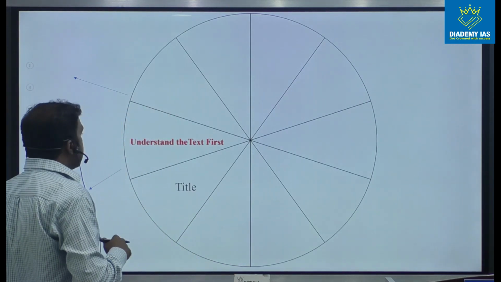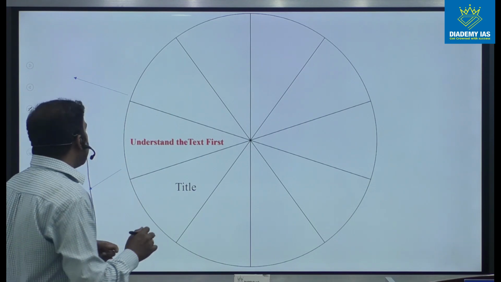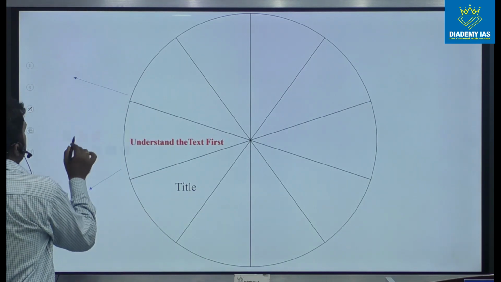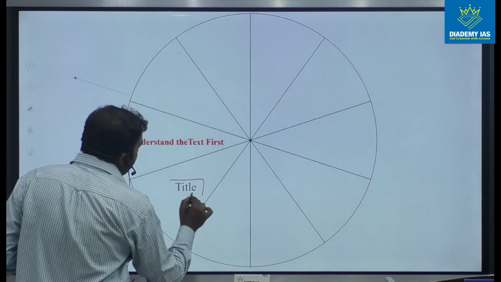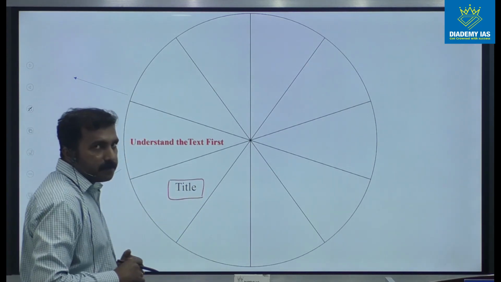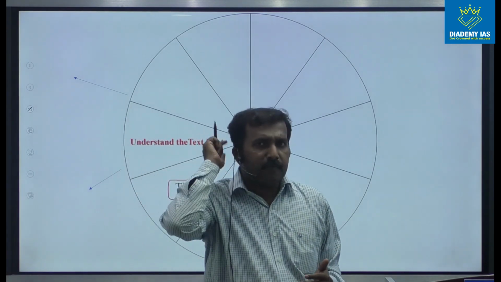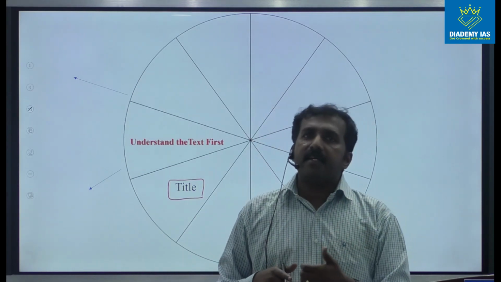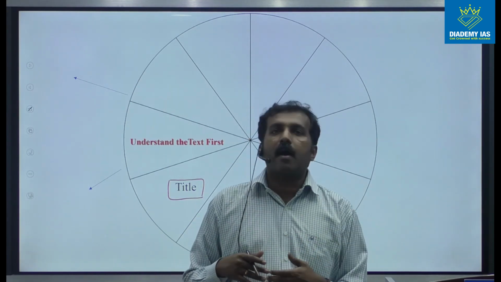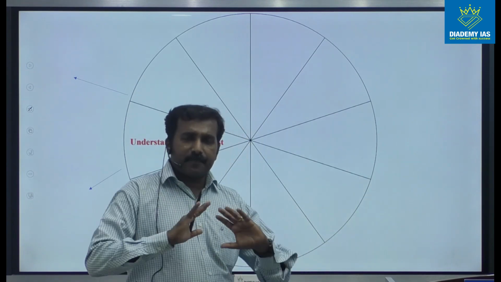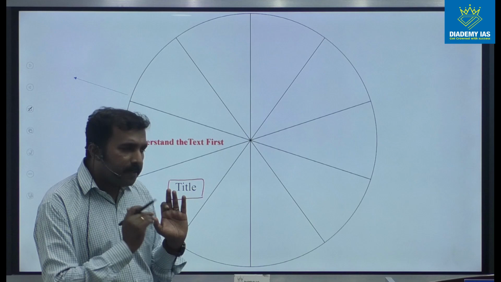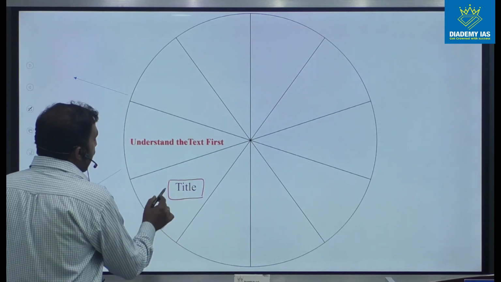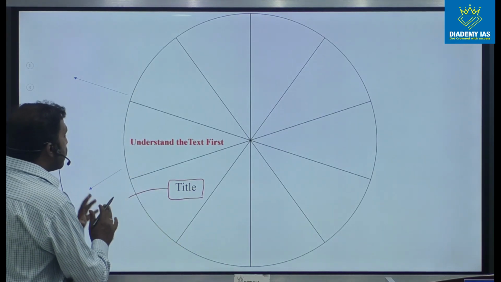And the second one is the title. That is a very important thing. If you take any literary work, we have a title. For example, Tintern Abbey, Michael, King Lear, Tempest, Doll's House. For all these literary works, we have to analyze the relevance of the title.